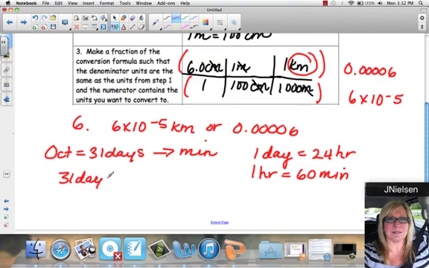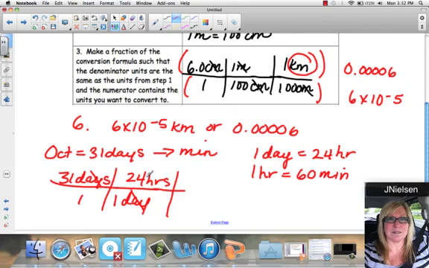If I'm starting with 31 days and I want days to cancel, then you should realize that the day has to be on the bottom. 1 day equals 24 hours. My days cancel. I'm only at hours though. This problem is asking for minutes. So in my last one, I'm going to put an hour on the bottom and 60 minutes on top. And then my hours cancel. I'm left with units of minutes, which is what I want.